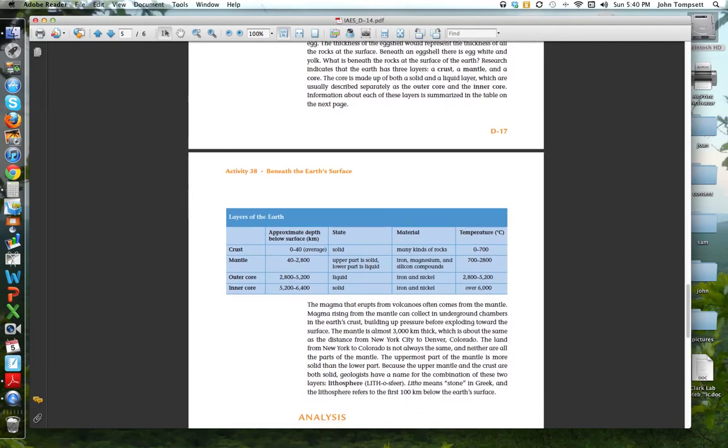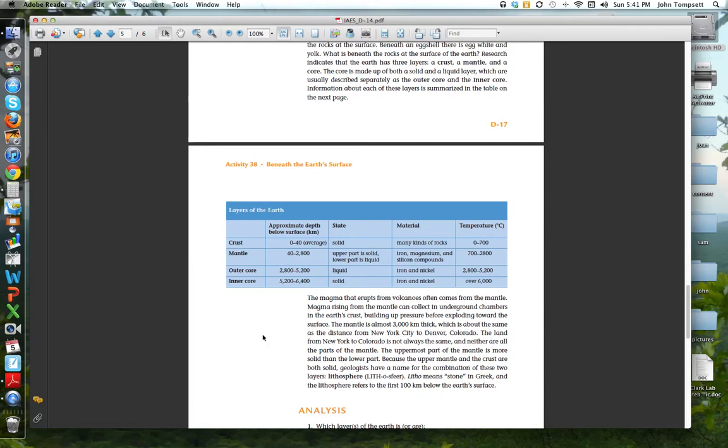You can see on D18 they're talking about the table. You can see over on the left-hand side the different layers of the Earth: the crust, the mantle, the outer core, and the inner core. And then the next column, you see the approximate depth below the surface in kilometers. So you can figure that out, what that means there. Then in the third column is the state of matter that layer usually is.